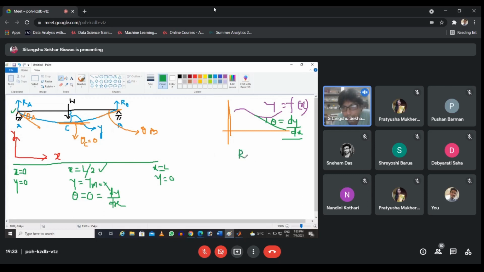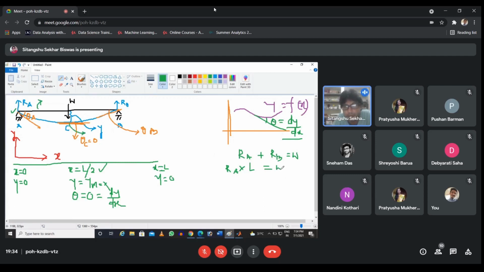So Ra plus Rb is equal to W. If I balance the moment with respect to point B, then Ra into the entire length is equal to W into L by 2. The sign will be negative because Ra tries to move in this direction and the weight tries to move in that direction, and the summation of moment will be 0.